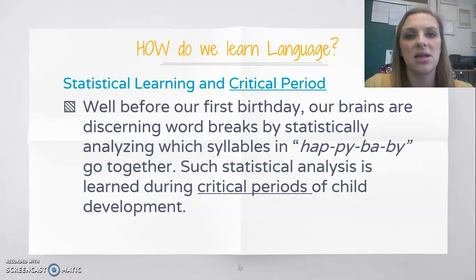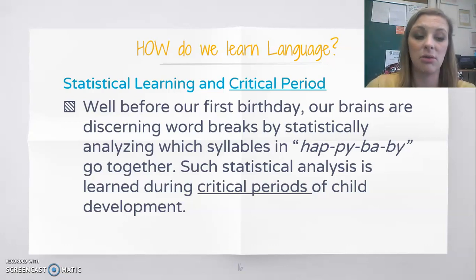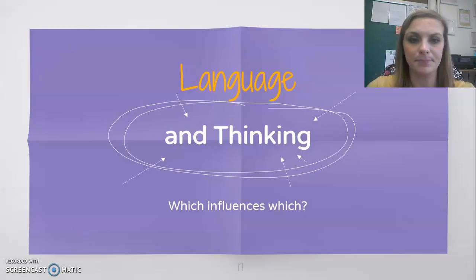Critical periods are the idea that if we are not exposed to language, if we don't learn language before or during this critical period, we will never learn language. For language, our critical period is about 7 years old, and so if we are not exposed to language or language rules before that age, we will not learn language to the point of other people. That's the idea of a critical period.